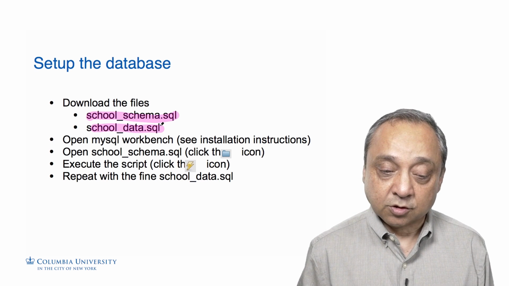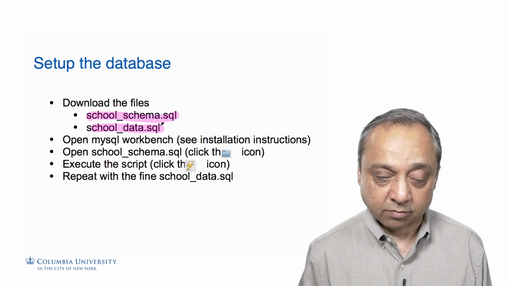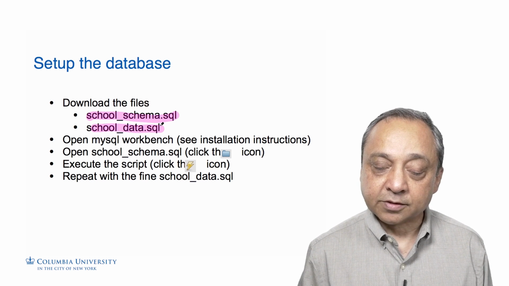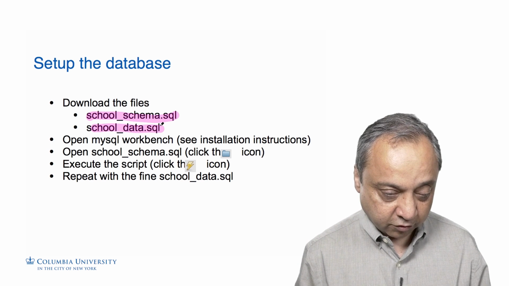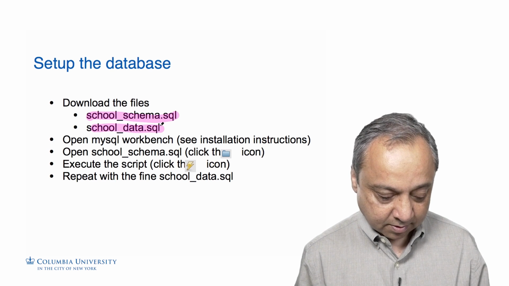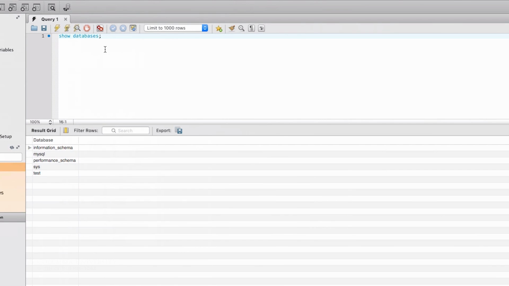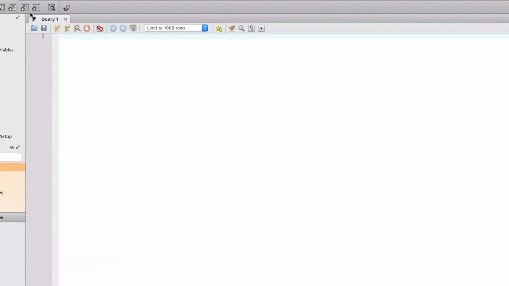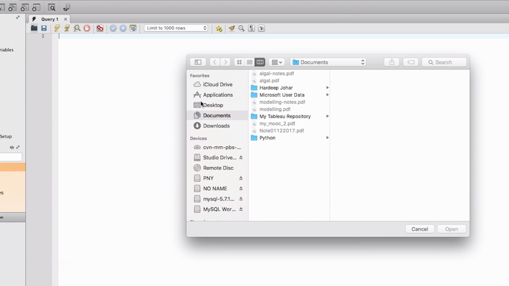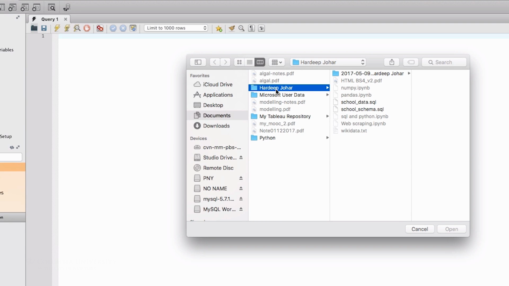So once we've done that, you want to open MySQL Workbench, which we've done before. Then you want to open schoolschema.sql, and let me walk you through those steps and execute the script. So I'm going to close this window here, and if you look at this little tab which looks like a folder under query 1, I click on that, and now this allows me to open up a file that contains the queries that I want to execute.